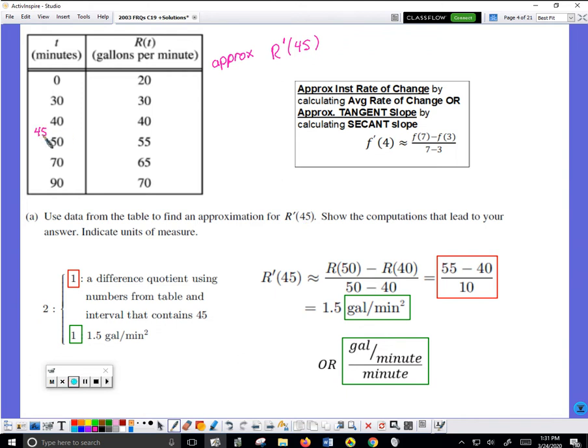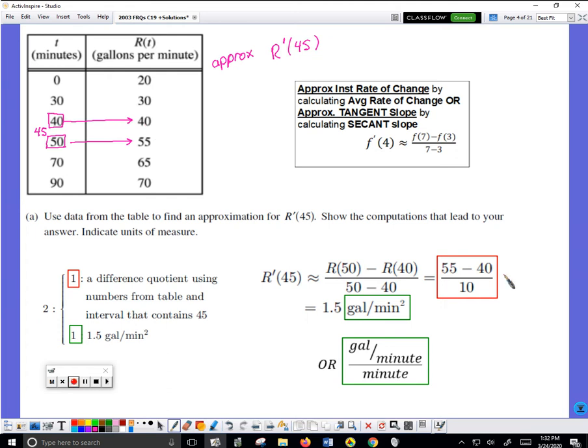So instead I pick the time after 50. And notice that at that time, R is equal to 55. So write that down. At time 40, R was equal to 40 gallons per minute.